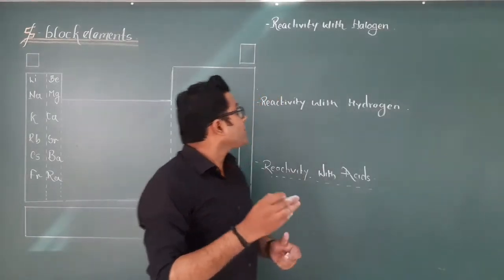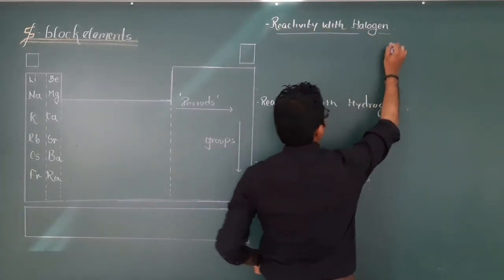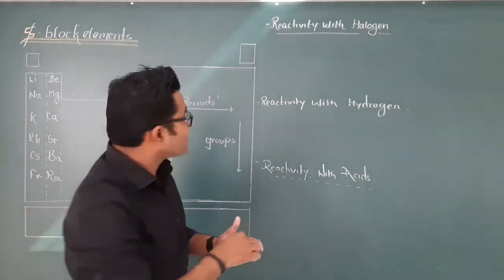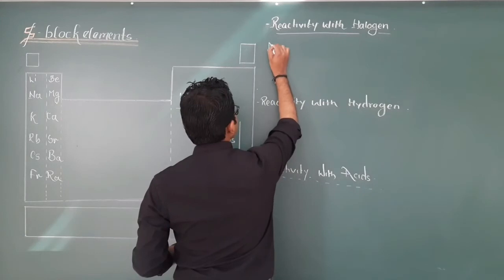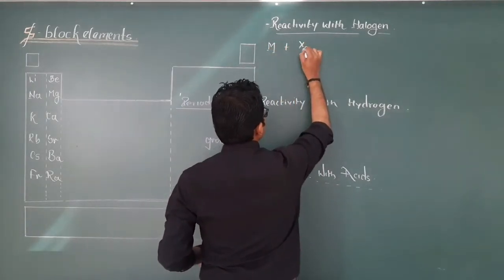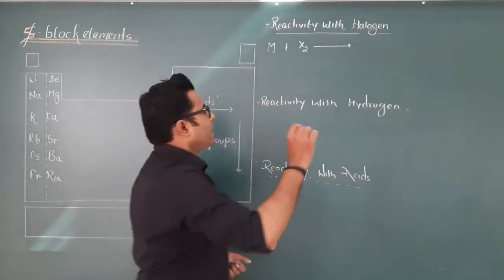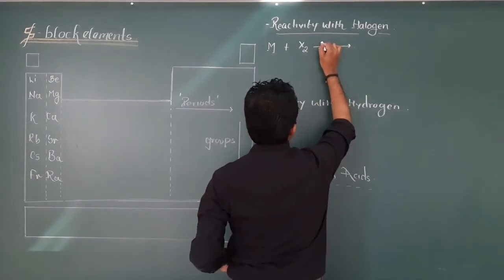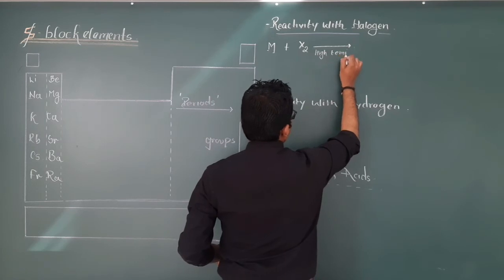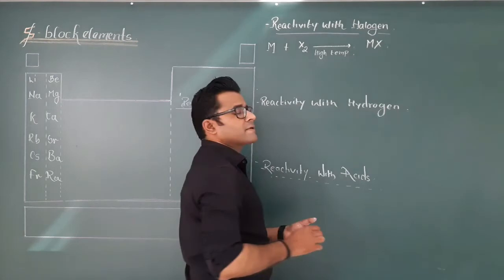Moving further, we have the reactivity with halogens. These alkaline earth metals, represented by M, react with halogens at elevated temperatures, at higher temperatures, in order to form metal halides.